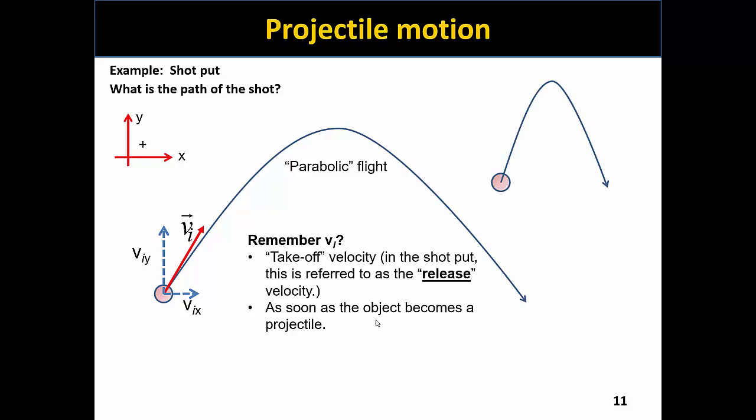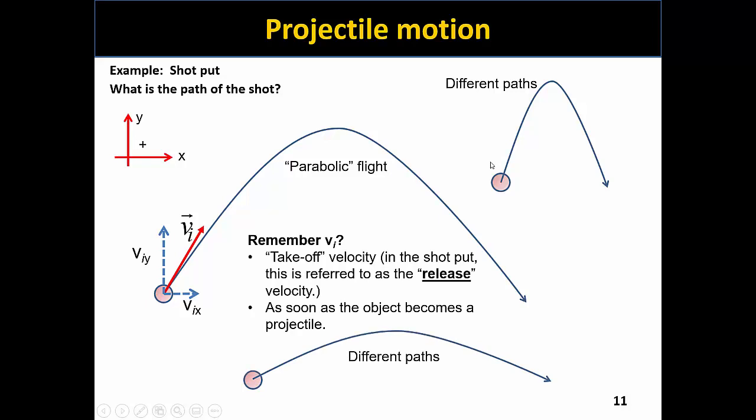One last point to make on this slide is up in the top right-hand corner. Note that this particular shot put takes a much more vertical trajectory than the one we started with here. And so the object can take on different paths, as the one in the top right-hand corner takes on a more vertical orientation.